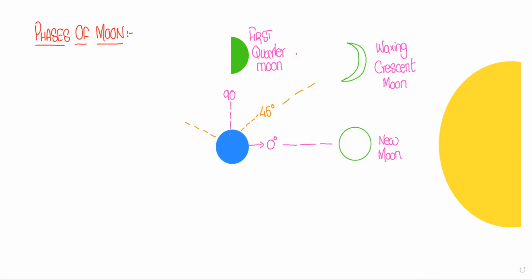Now we are going to observe almost the full moon, but a little bit less than the full moon, because if we compare it with 0 and 45 degrees, there is a similar difference from the full moon. So that is around 135 degrees.